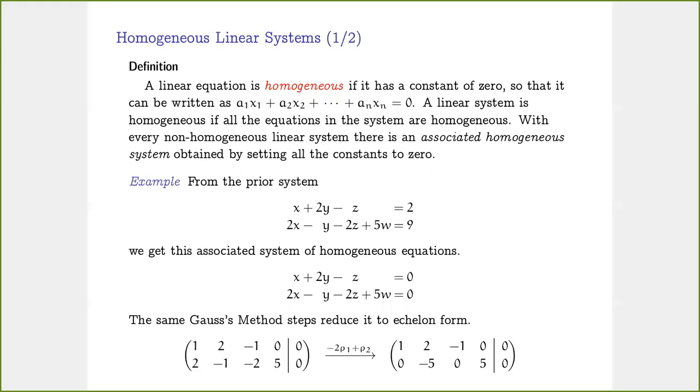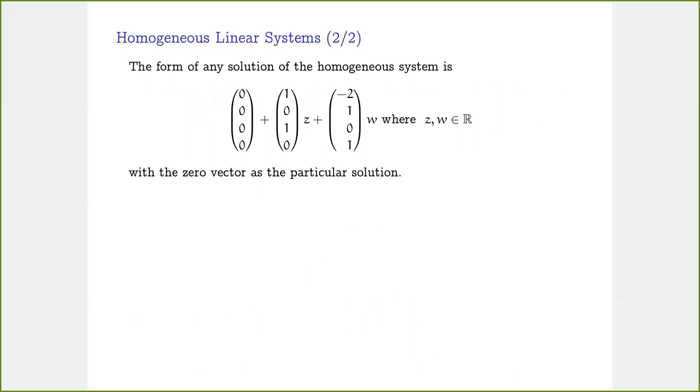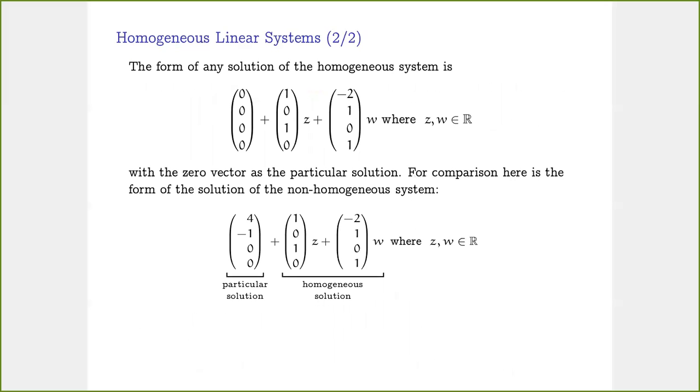Shown here is the conversion for the homogeneous system. If we write the equations out, we find that the solution is as follows. The particular solution is the 0 vector, and the second piece, the two vectors, are identical to the vectors in the non-homogeneous system. And if you compare the two, you can see that this is the case.